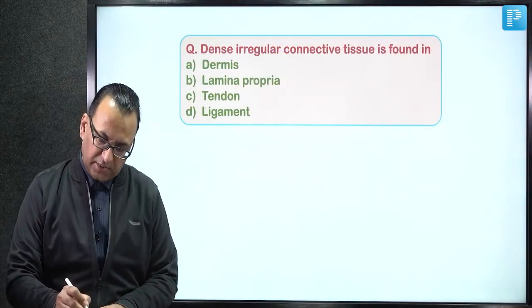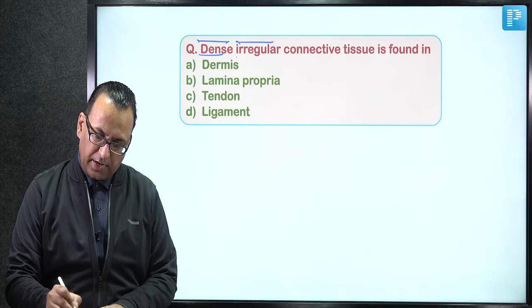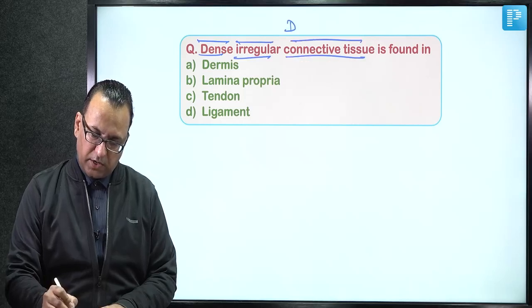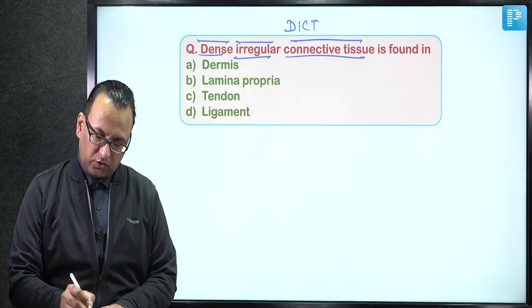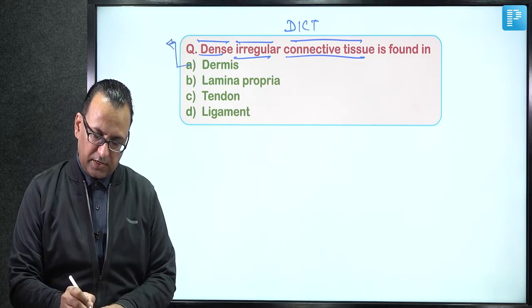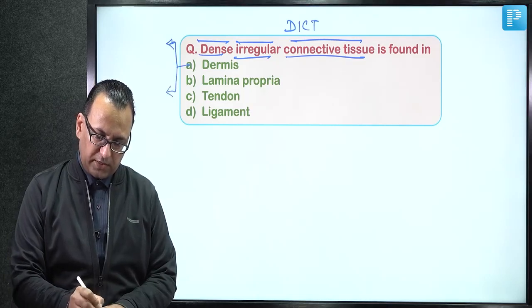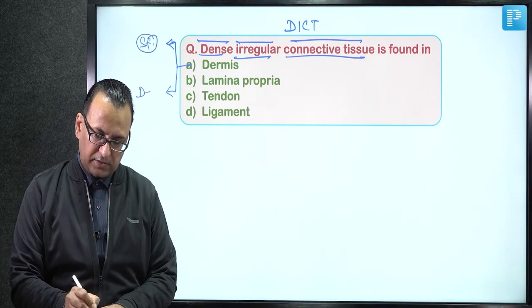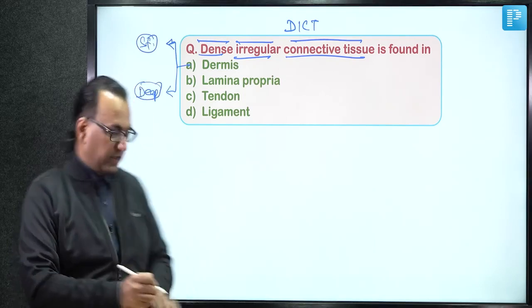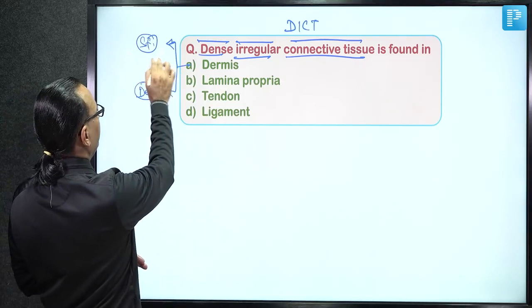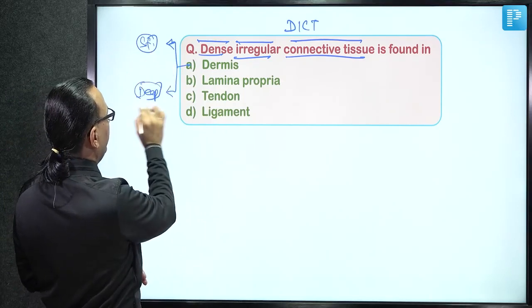And this question is asking about dense but irregular connective tissue. So as we continue our discussion and talk about the dermis, the dermis actually has two layers. There is a superficial layer and there is a deep layer, which is thicker. The superficial layer is thin as compared with the deeper layer, which is thick.